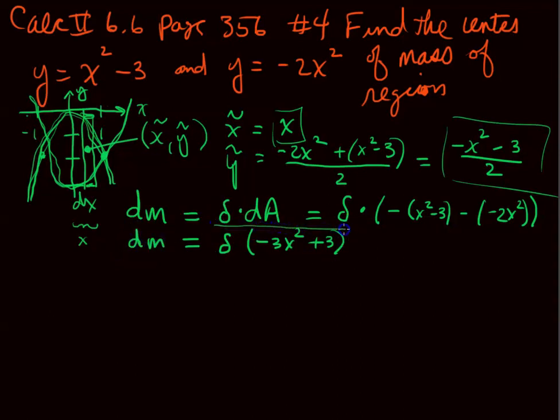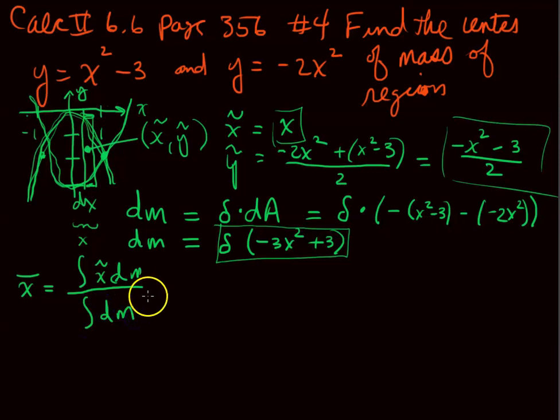So I need that. With all that being said, what is x bar? That is the integral of x tilde dm over the integral of dm, which is, what are the limits?